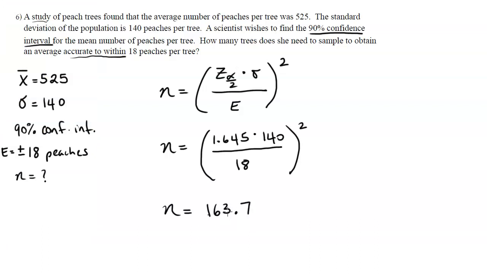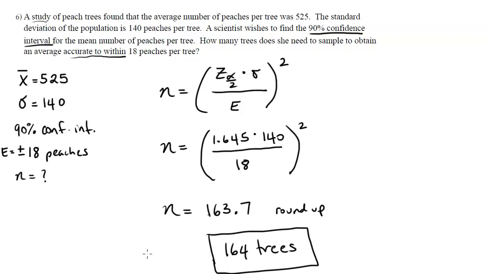Now, I can't have 163.7 trees, right? I don't know what 0.7 of a tree is. So you'll always round up. So 164 trees. So how many trees does she need to sample? 164.